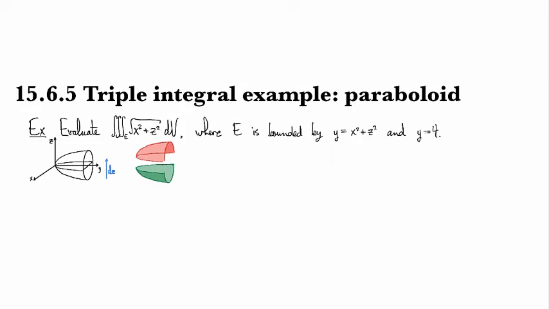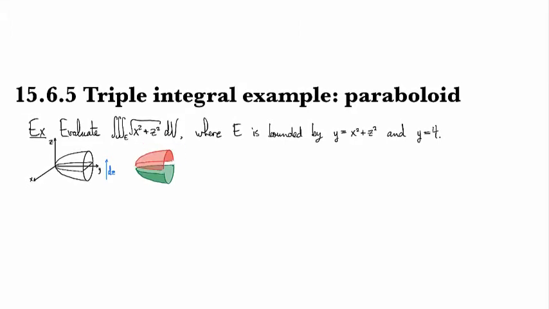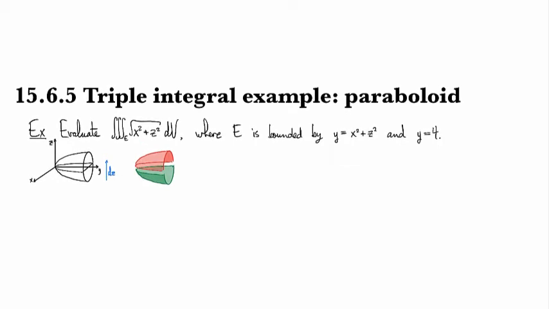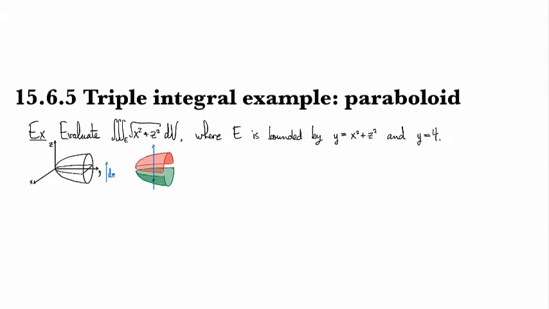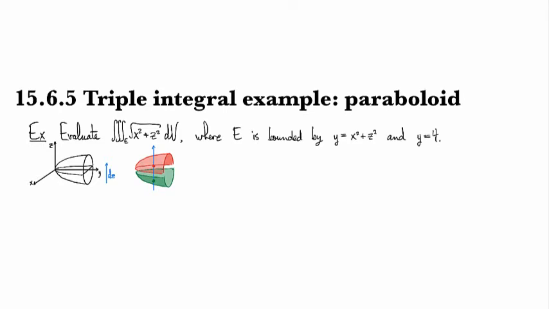So what's this going to look like then? Well, I've just kind of separated it here to give the idea of when we integrate through one of these vertical lines, where do we first hit the object and then where do we leave it when we pass out to the top, right?